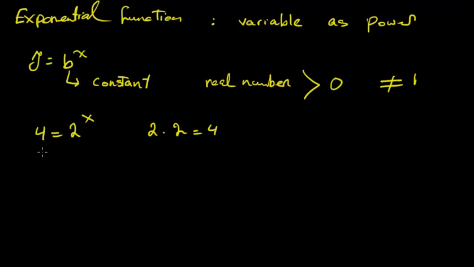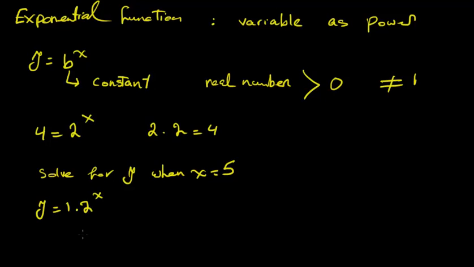Let's say we are asked to solve for y when x is equal to 5. So we have the function as y equals to 1.2 to the x power. So basically it means that we have to multiply 1.2 to the x power, and our power here is 5.